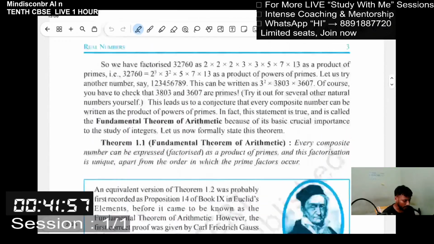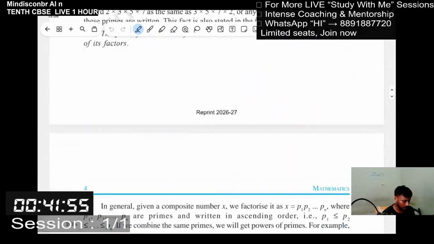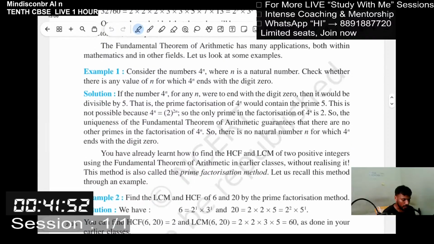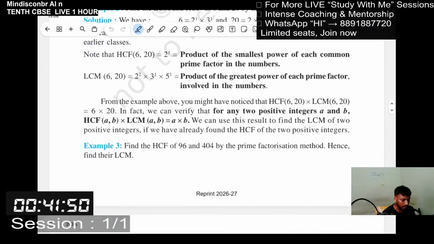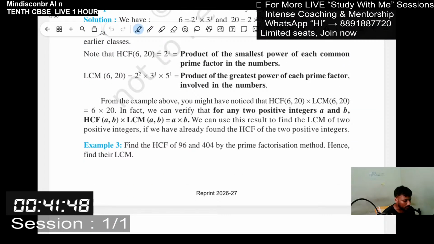Here we can find that for any two positive integers a and b, HCF of a and b into LCM of a and b is equal to a into b.